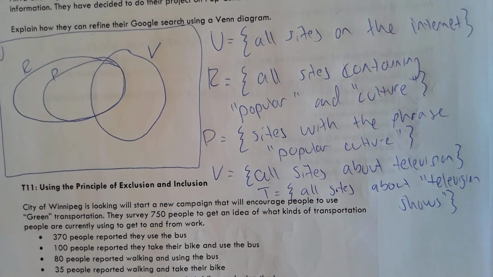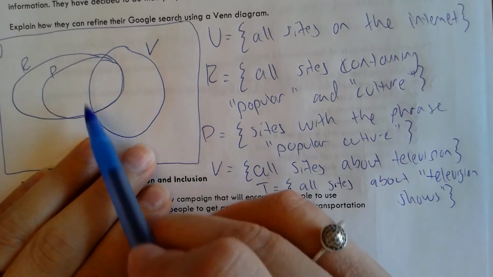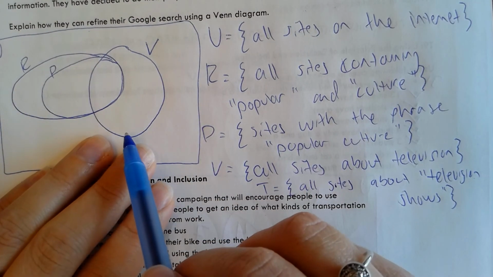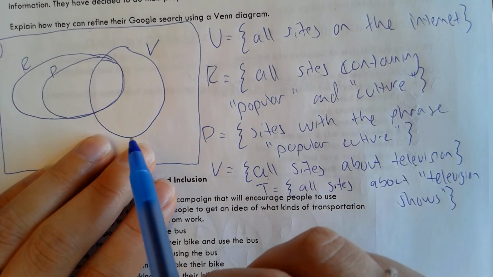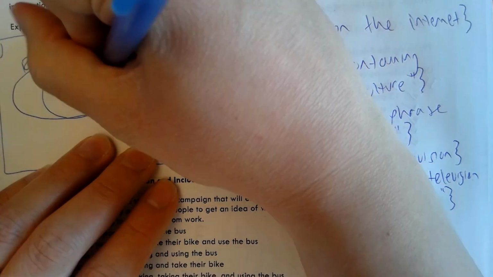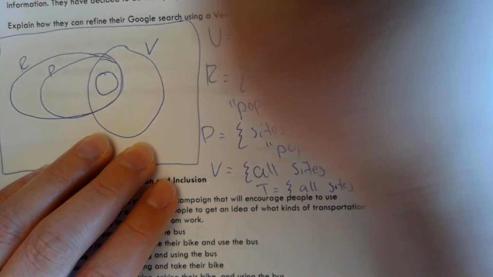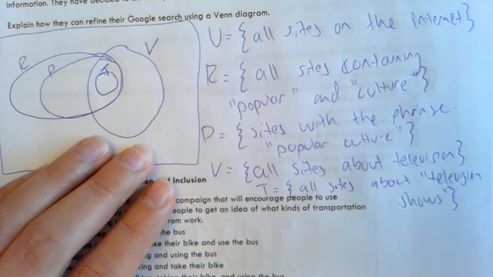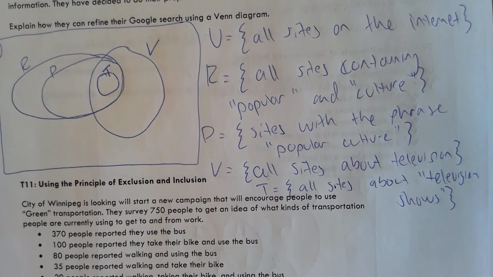And then inside of that television, there's television shows. And television shows, I think, would definitely fall inside of popular culture. So inside of both of those things, that's our T. And if we search this nicely in Google, we're going to get a much smaller subset of stuff rather than the whole of Google coming back to us.